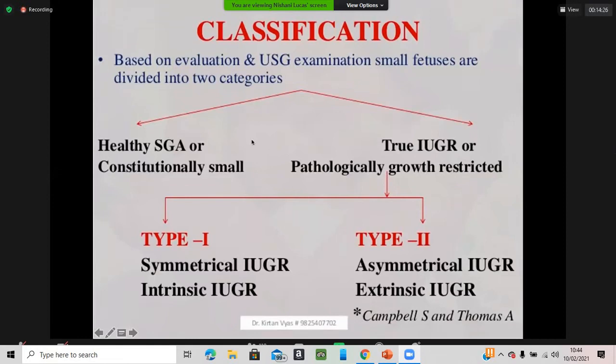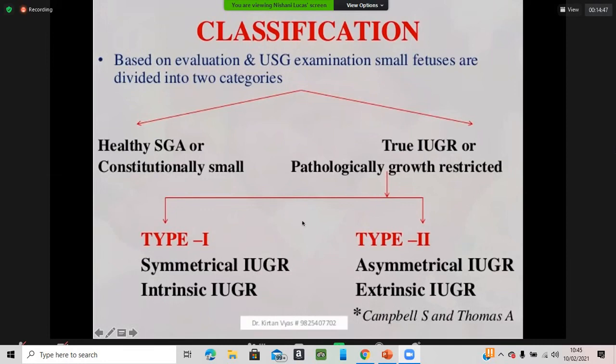So there is a group that is healthy, healthy small for gestational age or constitutional small. These guys are small maybe because their parents are small, but nothing is wrong with them. Then there is a group of children whose growth is restricted. So you call them the pathological growth restriction.